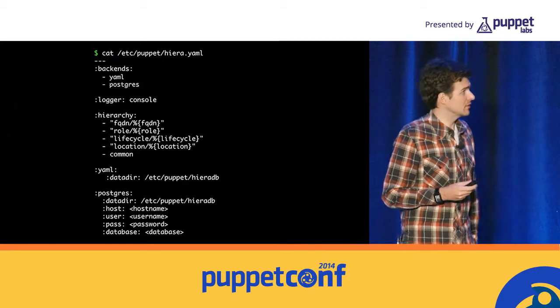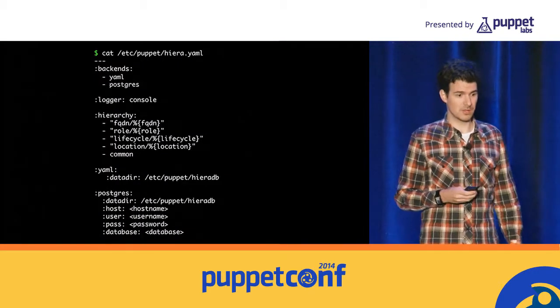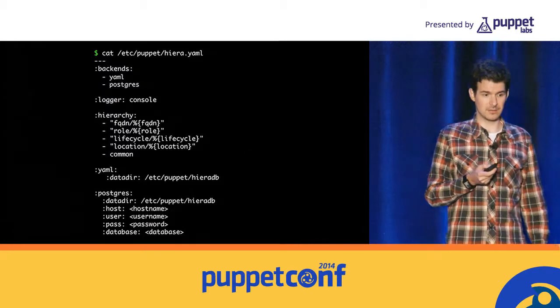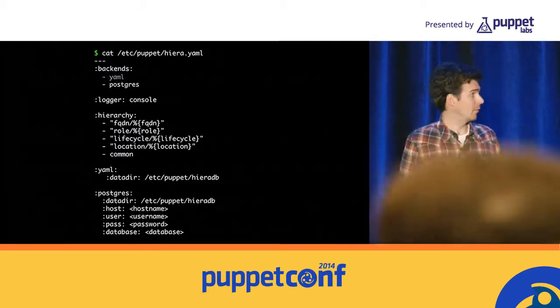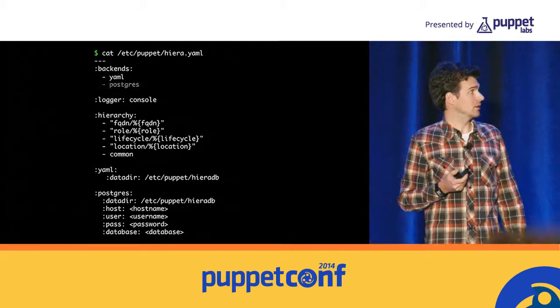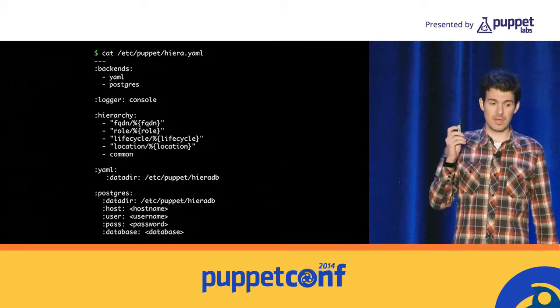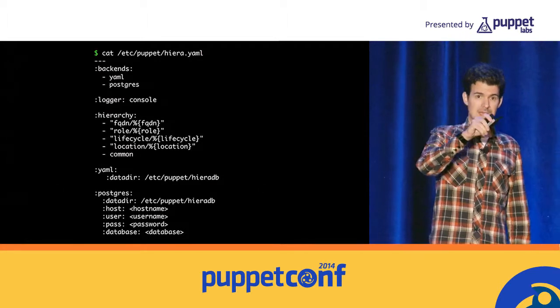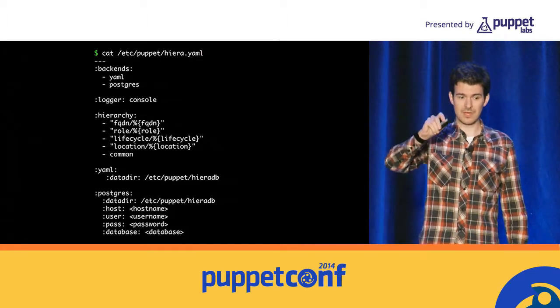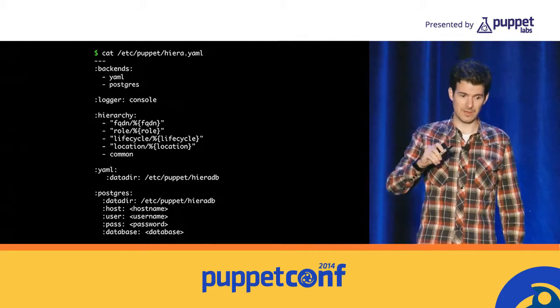An example of this, I'm sorry if the text is a little bit small, but I added a second backend. I have the YAML backend up at the top, but then I also added a Postgres backend. Hiera will look at the YAML backend first. It will traverse the hierarchy for all of the YAML files that match.